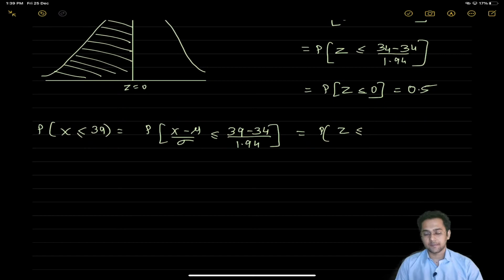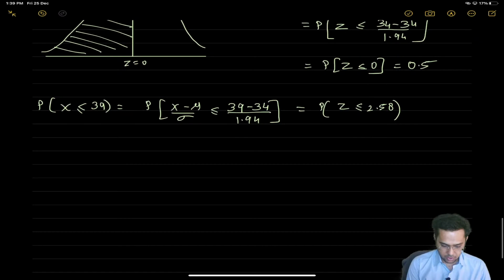How much is this? 2.58. Okay, so we have 2.58 as the z value.